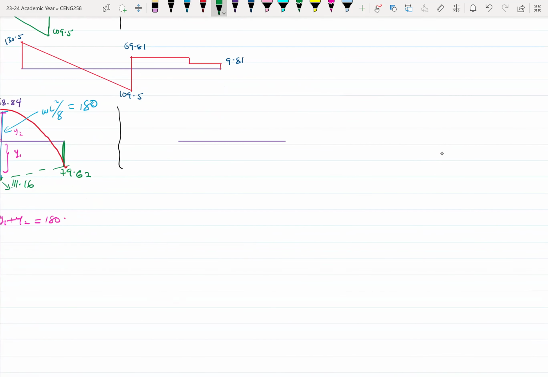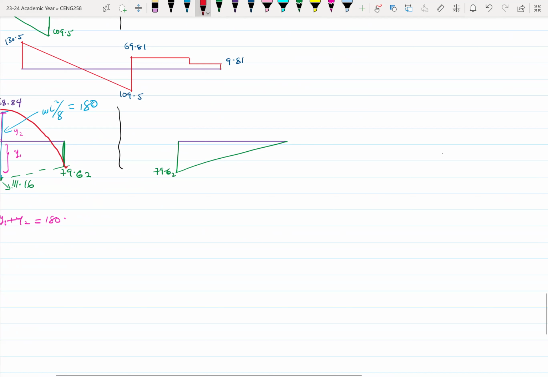The same approach is also used over here. In this space, you have your 79.62, but this is a straight line. This goes to 0, because the moment at that point is 0.